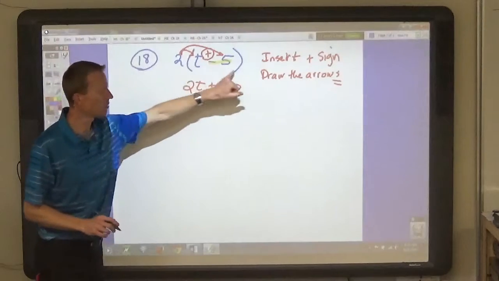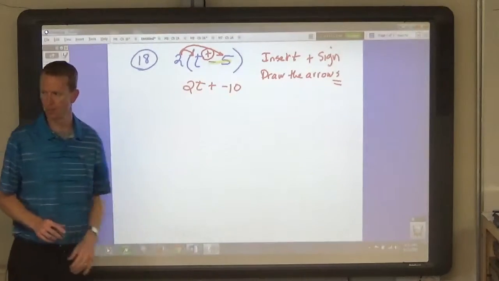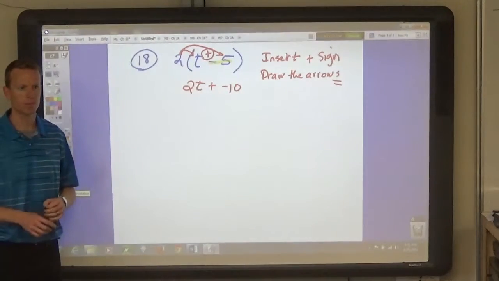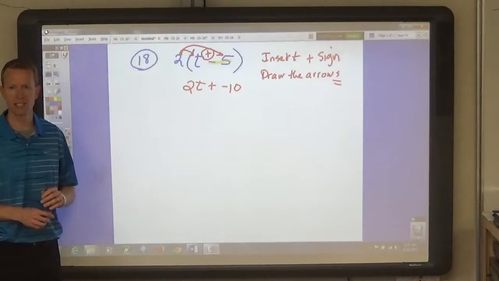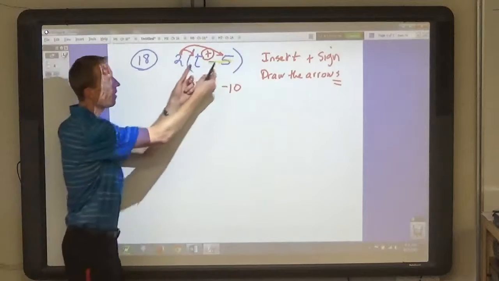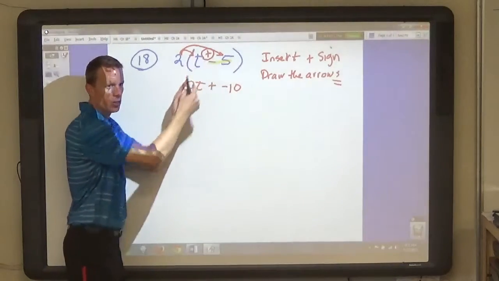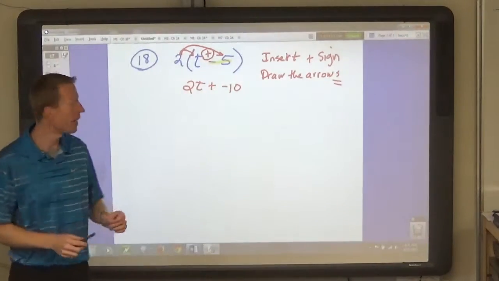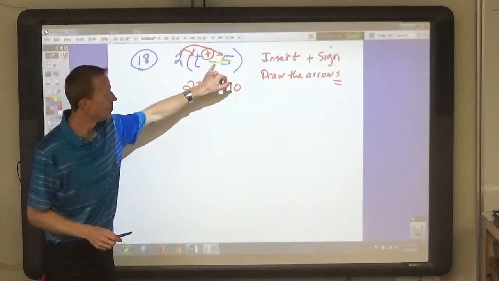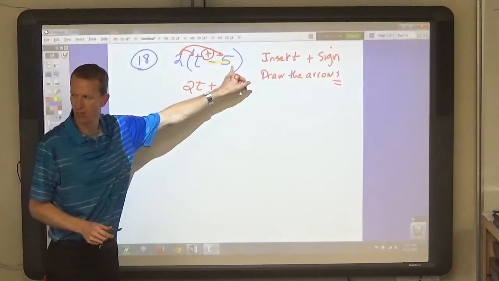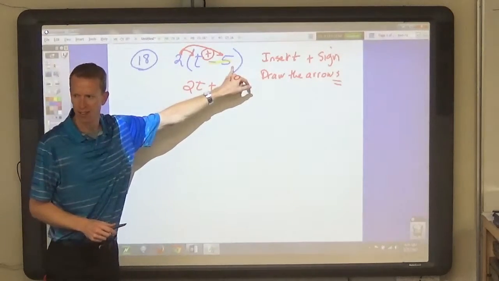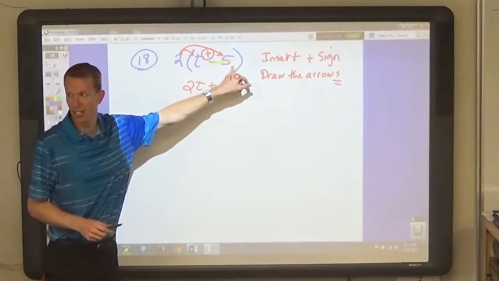Now, what's the purpose of the parentheses here? What do the parentheses tell you to do in this case? Since we can't do this first, like you would in the order of operations, we can't add t minus 5. Do you know why? Because they're different, right?